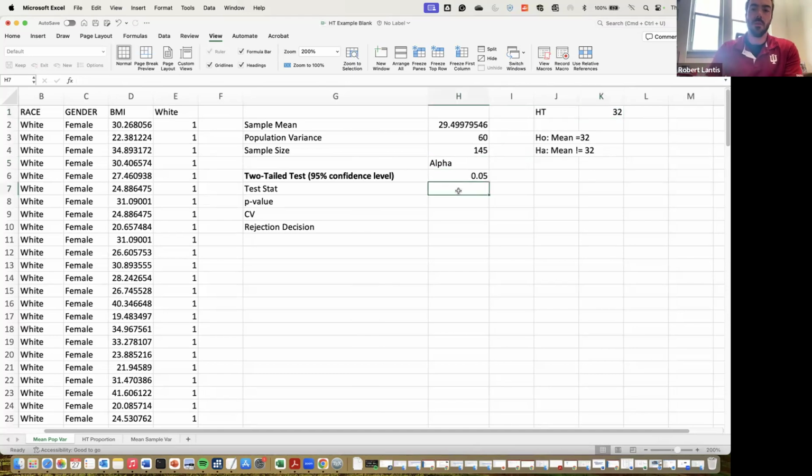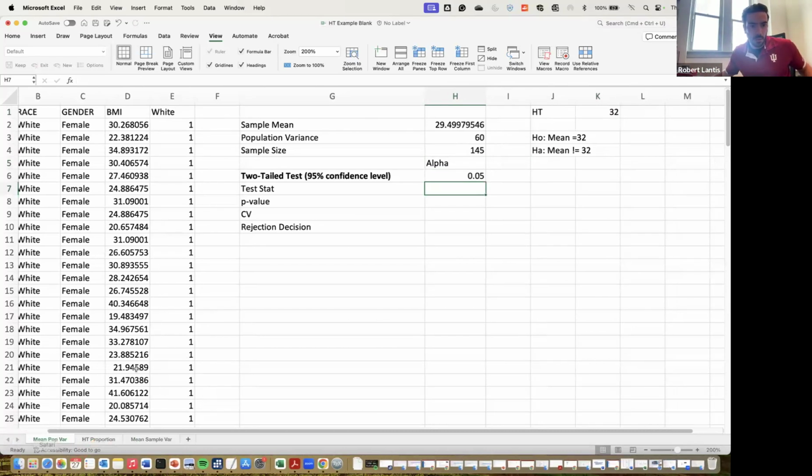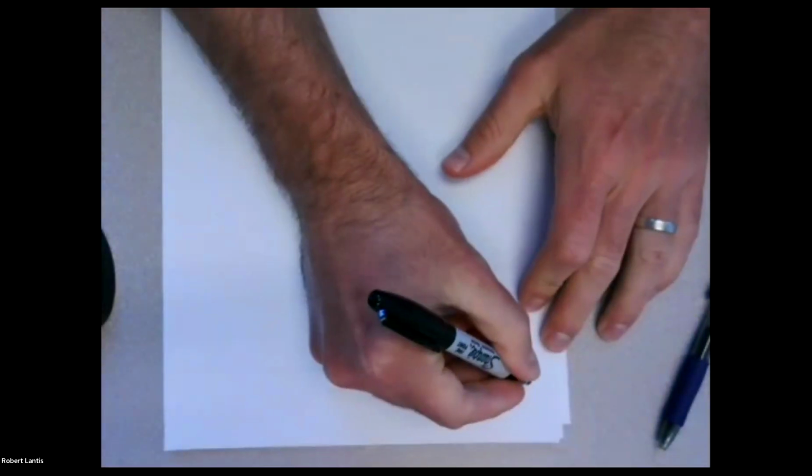So the first thing I'm going to do is calculate my test statistic. So you should be able to see this now. We want to calculate our test statistic, or our Z statistic.